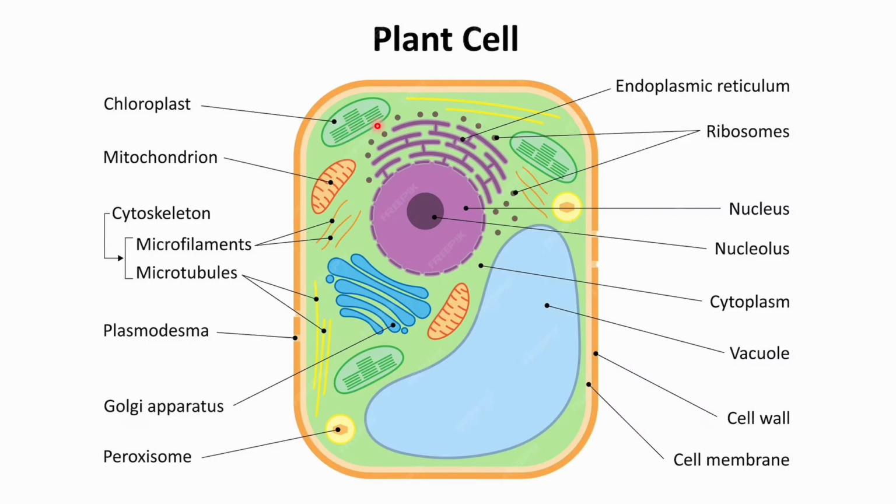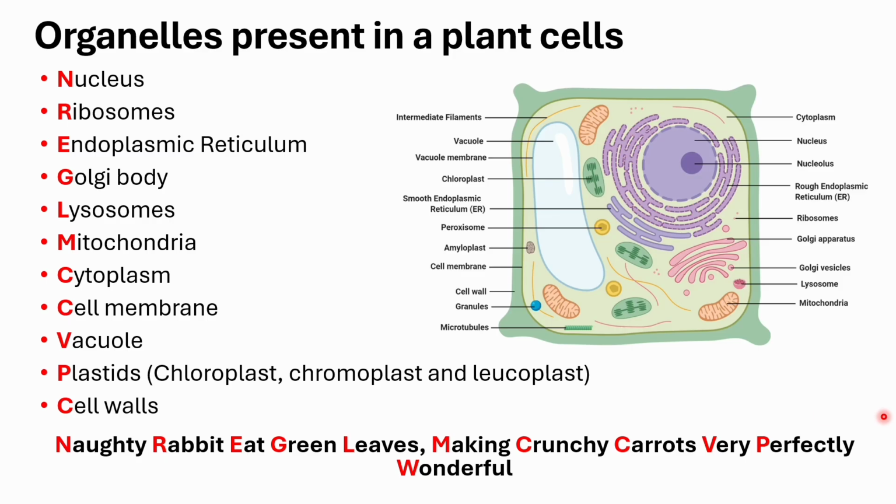And have you noticed that there were some organelles which we didn't discuss in the animal cell? Some of the organelles were missing in the animal cell. So this is one of the differences. There are lots of organelles in the plant cell, but I have enlisted the main and most common organelles that are mostly discussed.